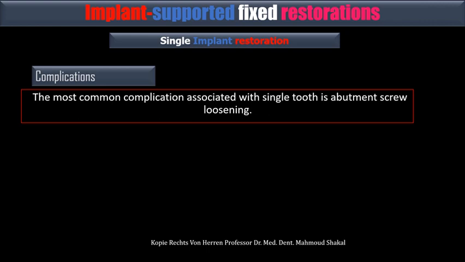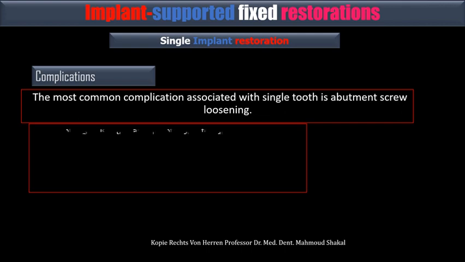Since the crown and the abutment are attached to the fixture with only a screw, and this replaced tooth would undergo function, there is a possibility that the screw attaching the crown and the abutment to the fixture will get loosened, and possibly fracture.